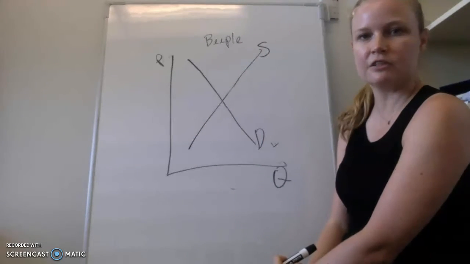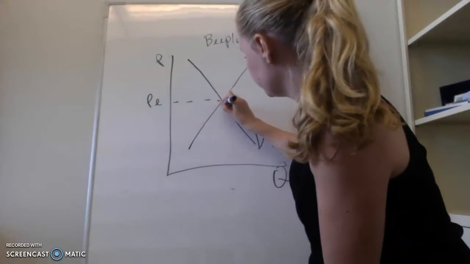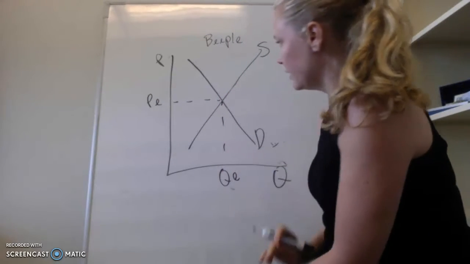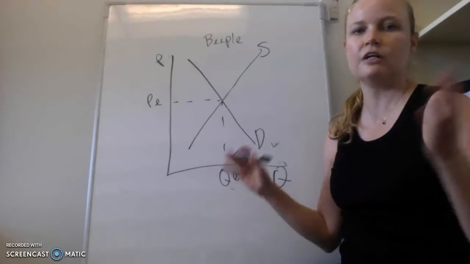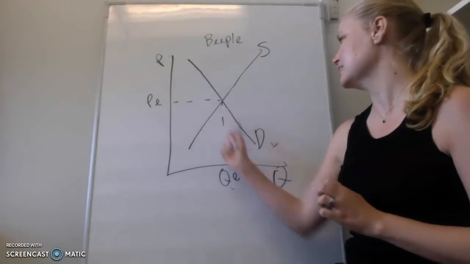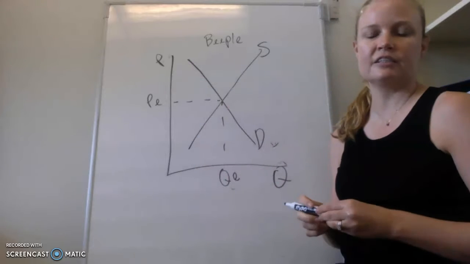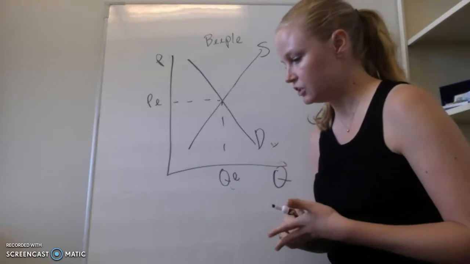Upward sloping line for supply. And I label it PE and QE, and this is how I start all my graphs of all time. There we go. Those of you who are a bit more advanced, you might notice I drew this very steep, and that's to reflect inelasticity, but you don't need to know what that is just yet.